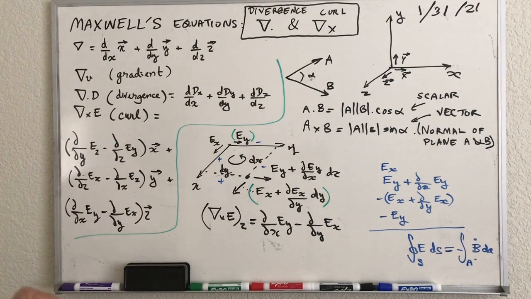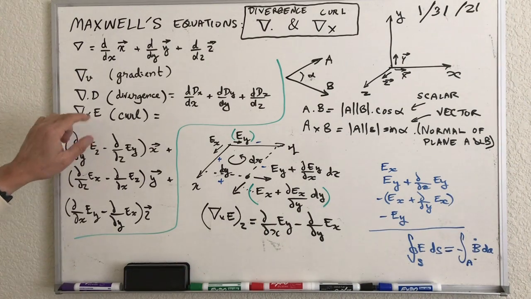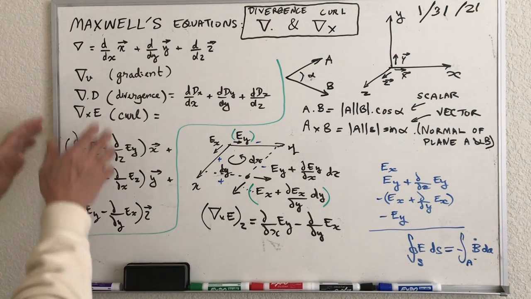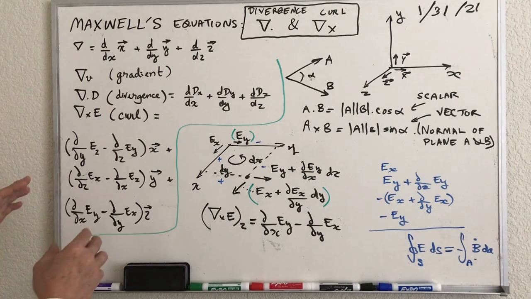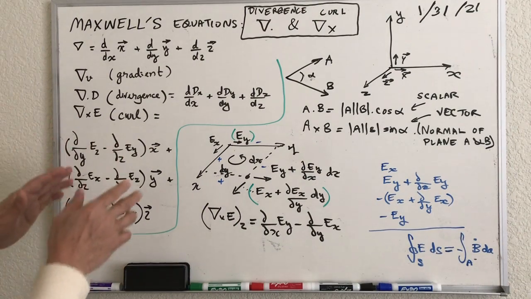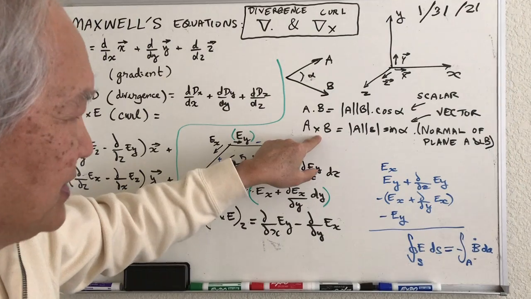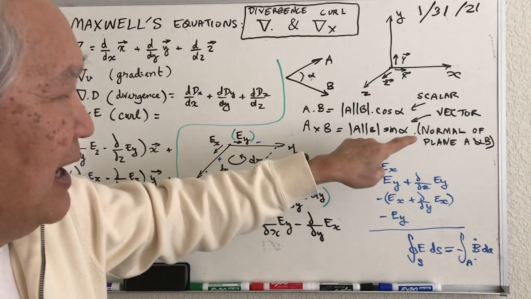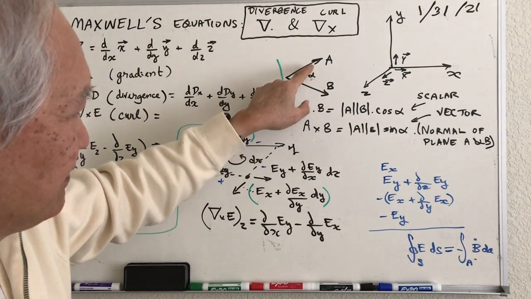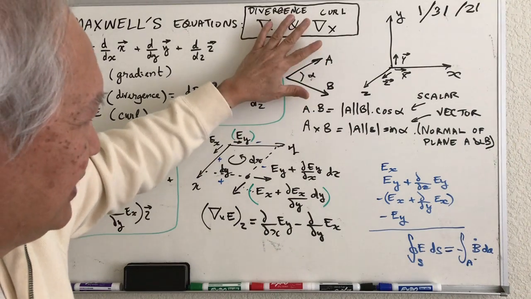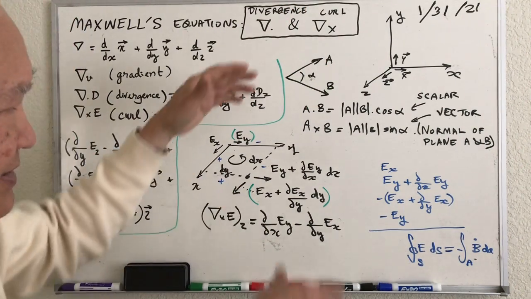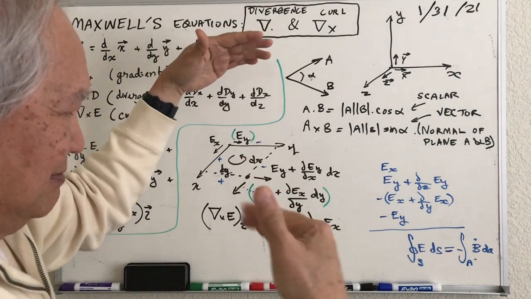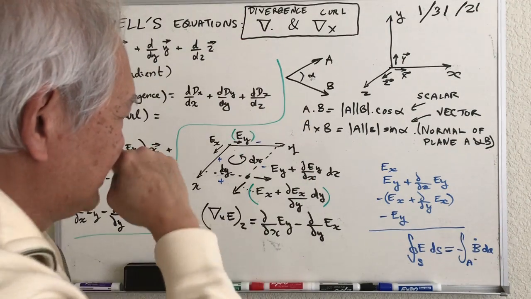Now the curl, the del cross, is a little bit complicated. The result is a vector, and it follows the rule of vector multiplication, meaning cross multiplication. The end result has a strength of A times B times the sine of the angle formed between the two vectors. And by the way, these two vectors don't have to be touching at one point. They can be anywhere, but you can just imagine them touching at one point.